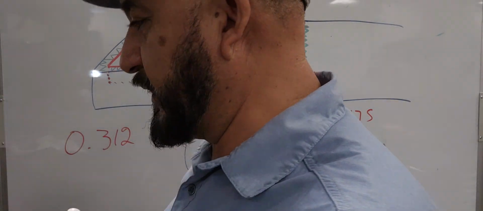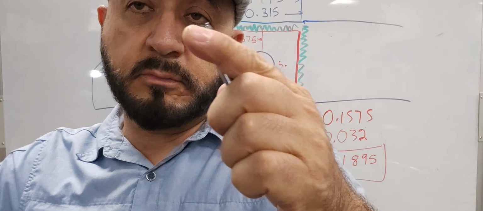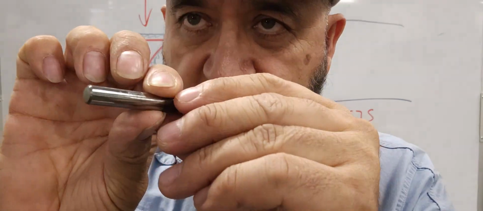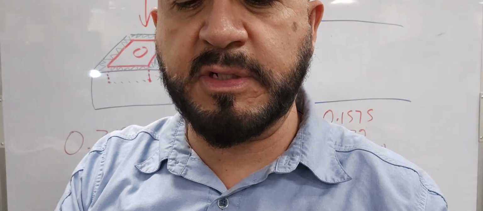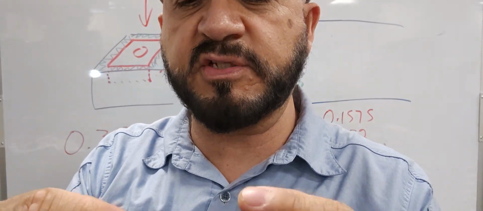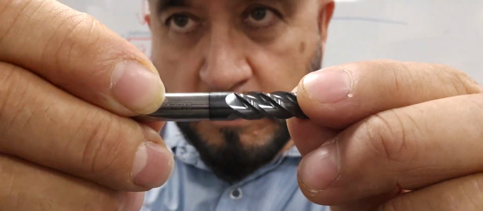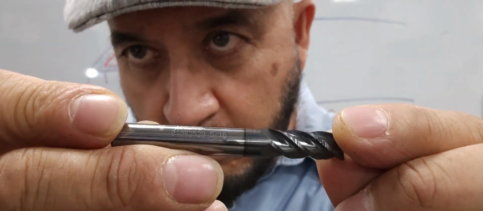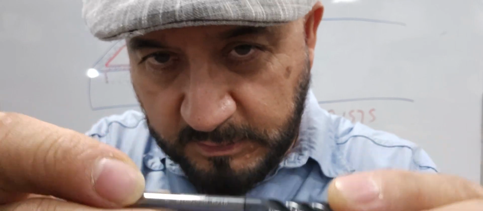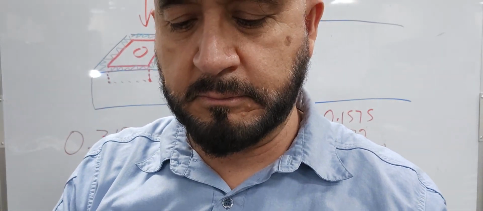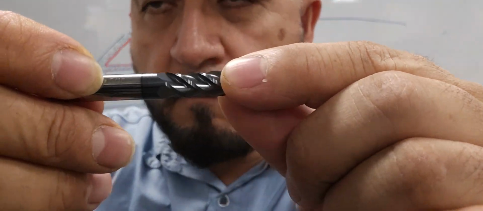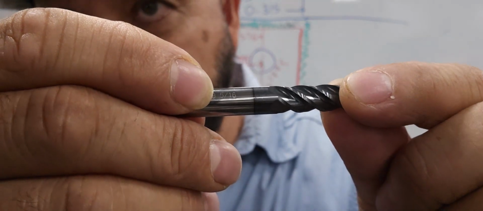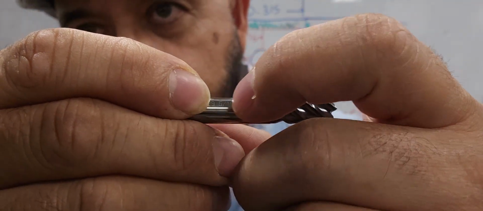but let's look at what is actually marked on this tool. This is a 5/16 tool. It says right here. I'm gonna be careful because these edges are sharp. You guys can see it. 5/16 right here on this line. There we go. 5/16 right here.